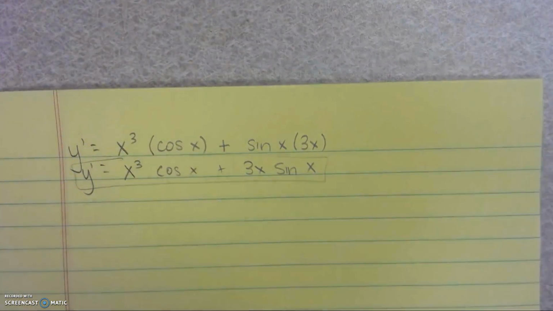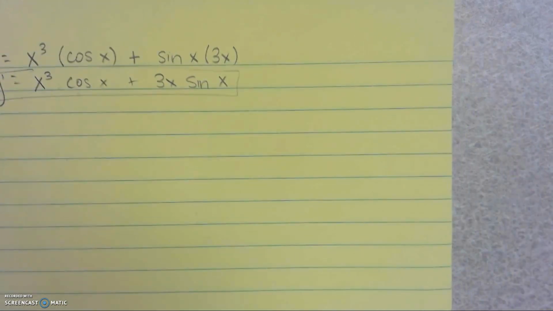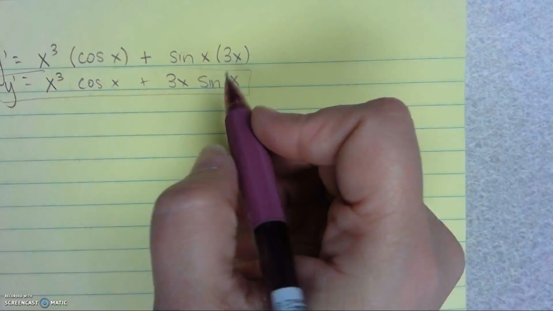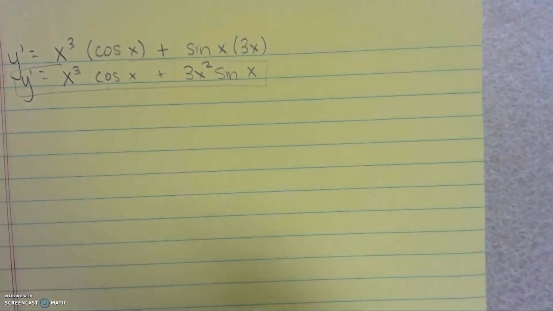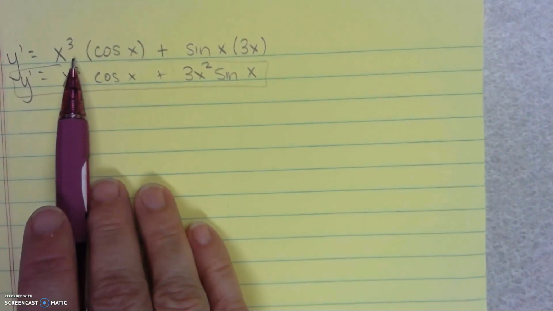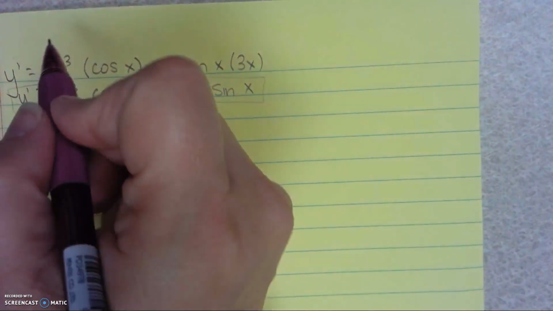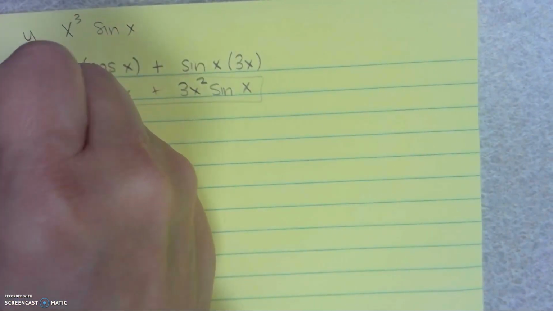All right, let's see what the next problem says. I keep leaving off my exponents, don't I? 3x squared. Sorry about that. So let me start that one over. All right, the problem says x cubed. Make sure I get this clear here.